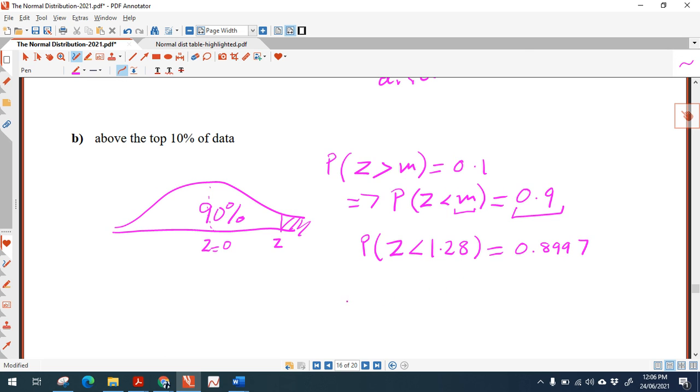Okay, now essentially this here is the 9th decile. So 9th decile is the 90th percentile. So we could say that the 9th decile is approximately 1.28 for the standard normal distribution.